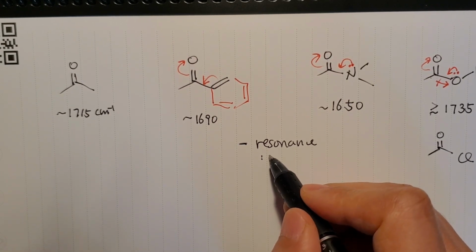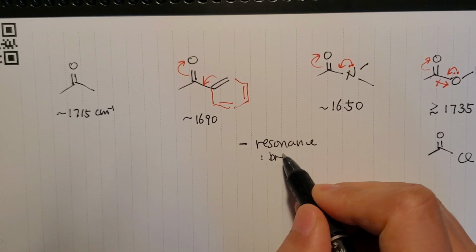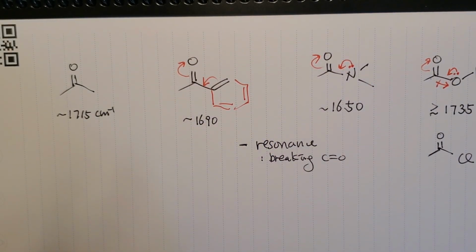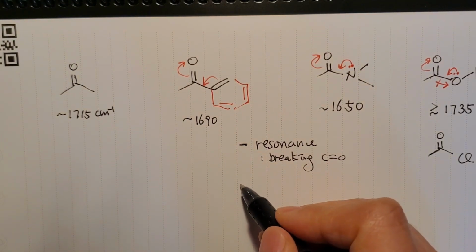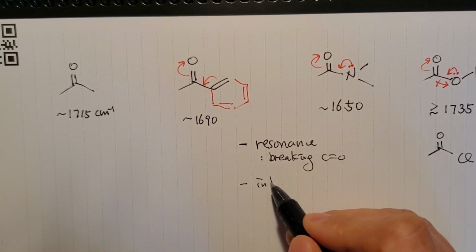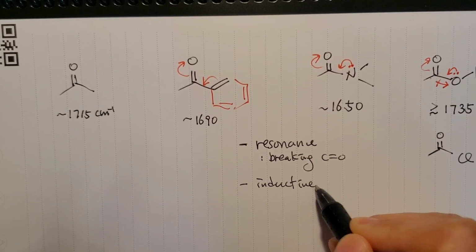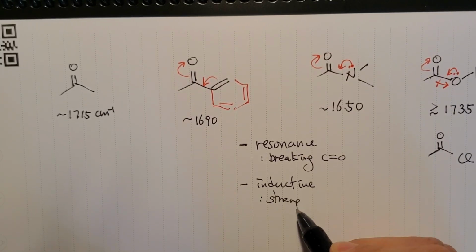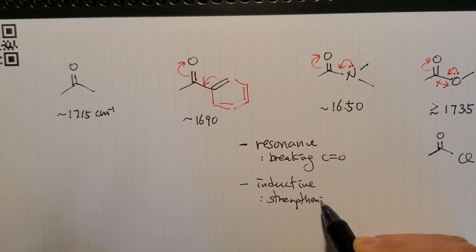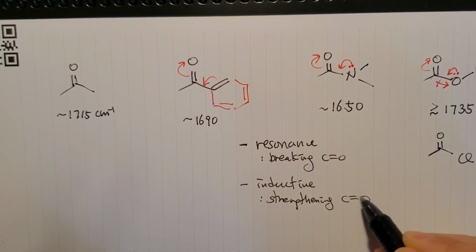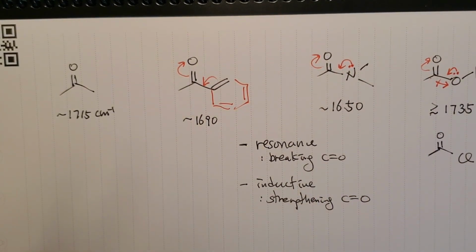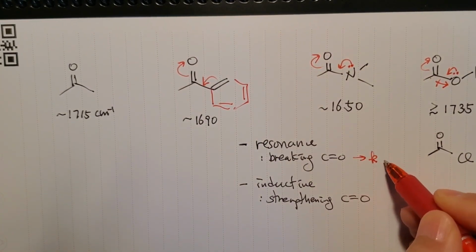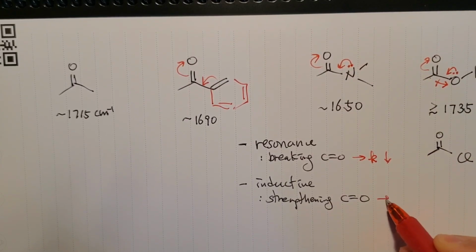Resonance: breaking double bond. Inductive: strengthening carbonyl. Therefore, this makes the K smaller, this makes the K bigger.